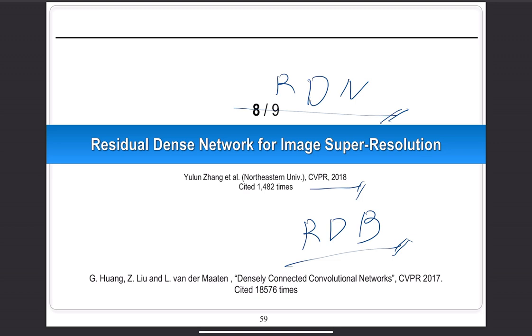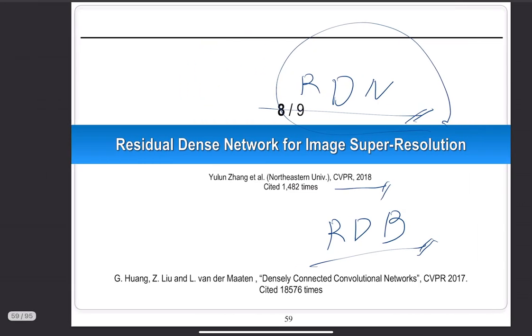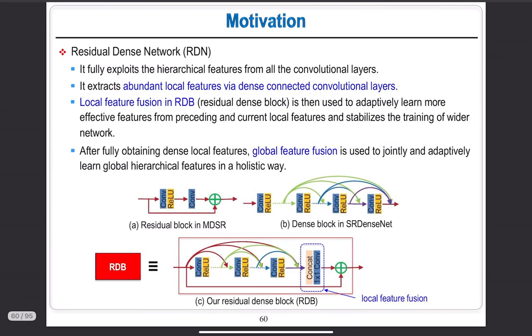It fully exploits hierarchical features by fusing outputs from multiple convolution layers at both global and local levels. This allows the RDN model to learn rich multi-level representations for each image patch, which leads to highly detailed and natural-looking SR results.